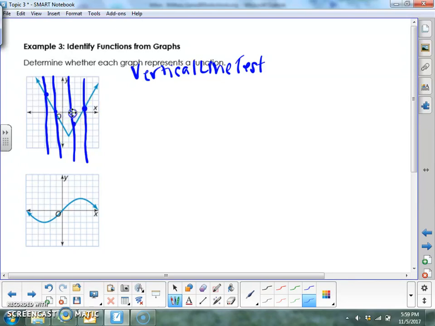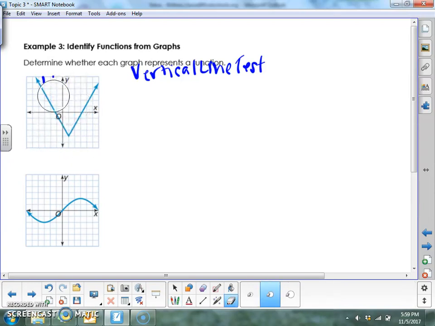So at x equals 2, y equals negative 2. At x equals 0, y equals negative 2. So you'll notice that each x value only has one point that goes with it. So looking along this graph, each x value here only has one y value for the whole graph.